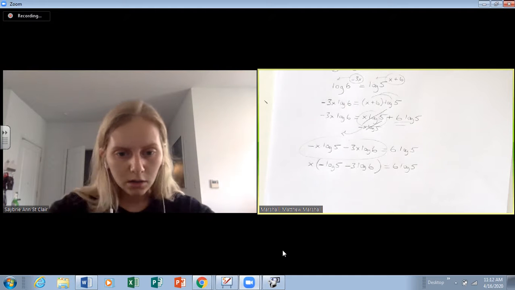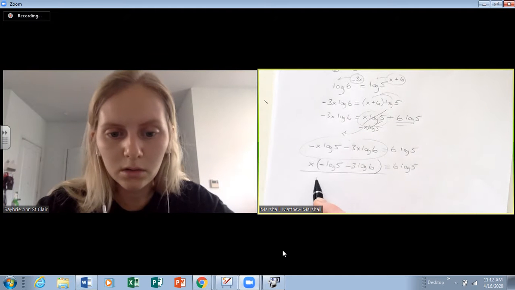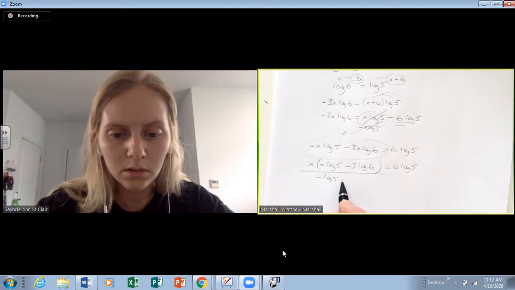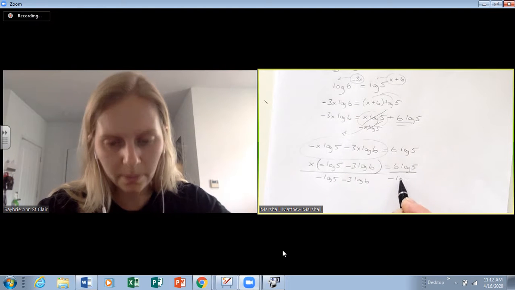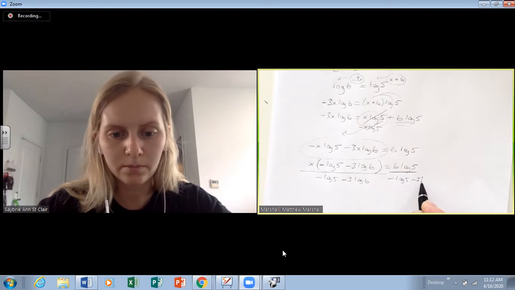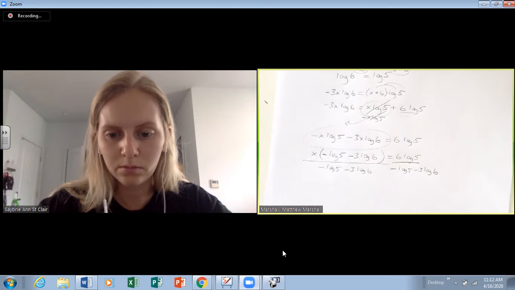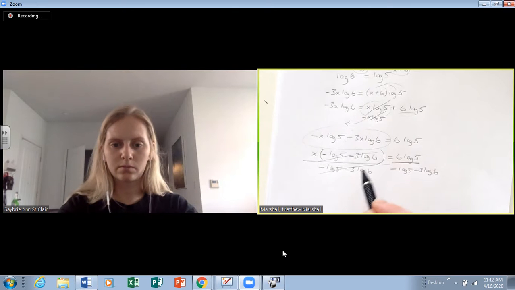So my next step is to divide both sides by this negative log 5 minus 3 log 6. What is it again? Oatmeal? And that looks really messy, but all this junk clears.